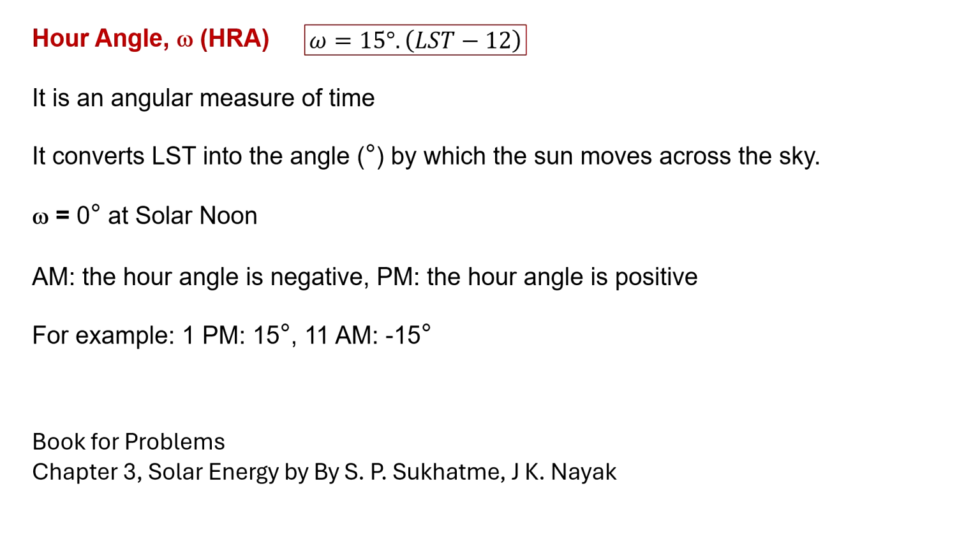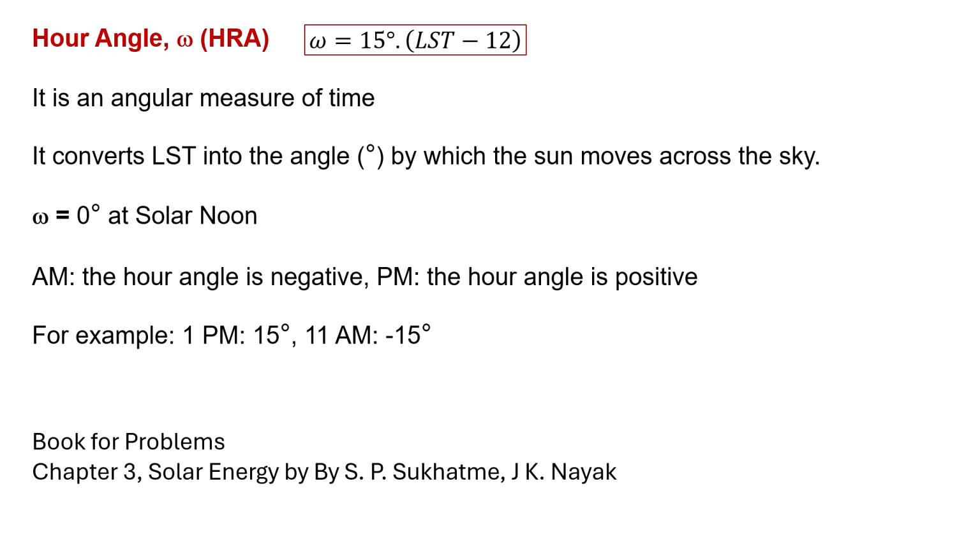And finally, coming to another angle which is called the hour angle, which is the local solar time minus 12 into 15, it is an angular measure of time. So, basically by this we are converting the local solar time into angles by which the sun moves across the sky.